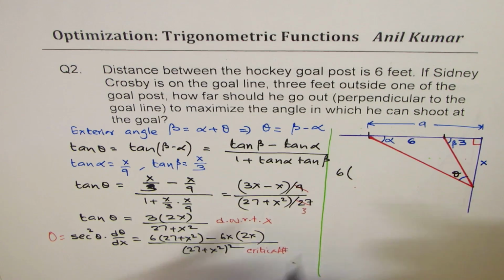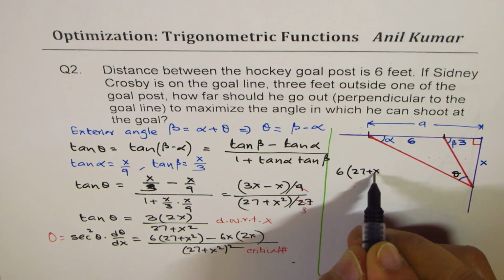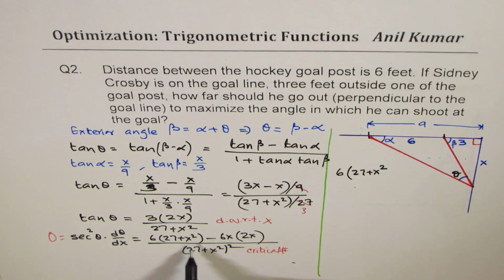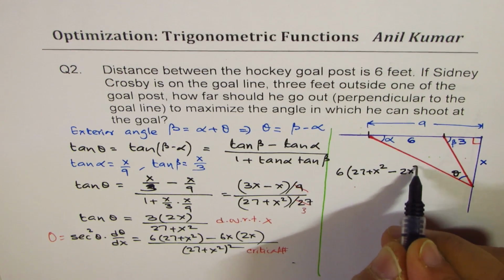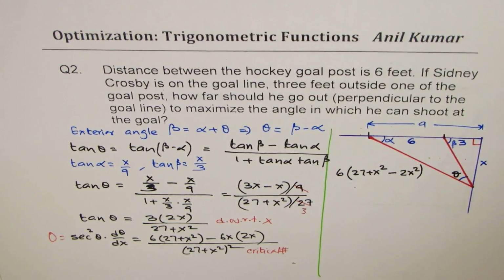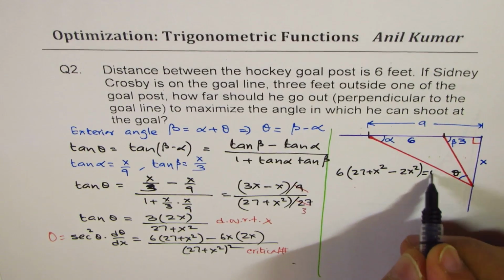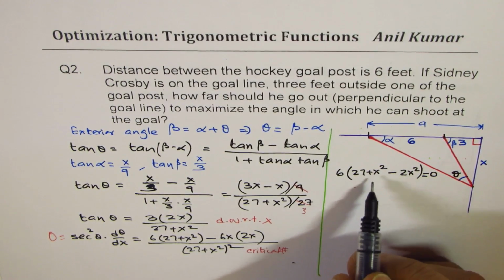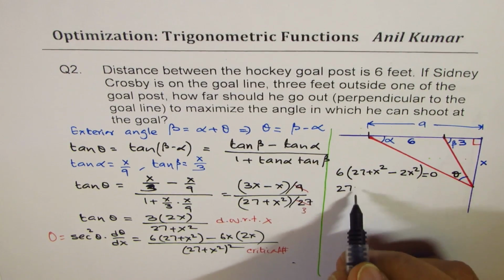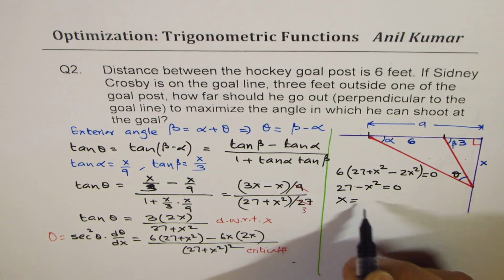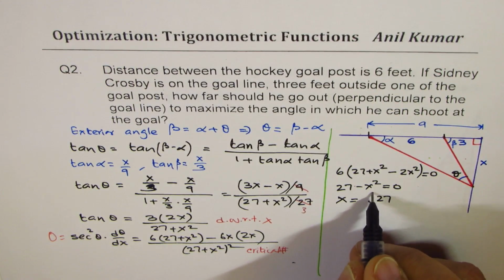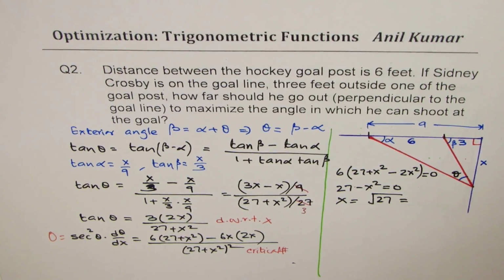We have 27 plus x square, and here 6 common, so we get 2x minus 2x square. We took 6 common. Correct? That should be equal to 0. So that means 27 minus x square is equal to 0, or x is equal to square root of 27, right? So that is the value of x.